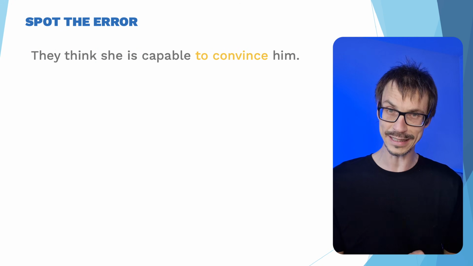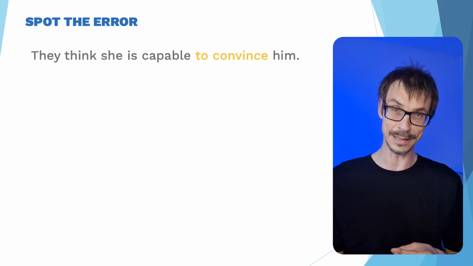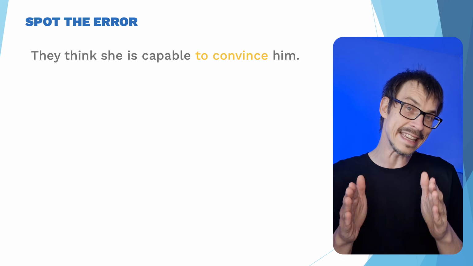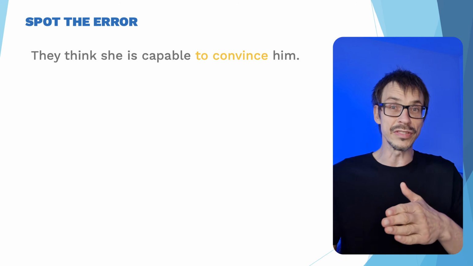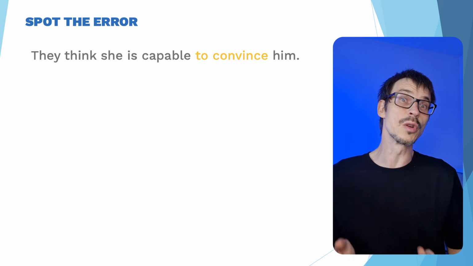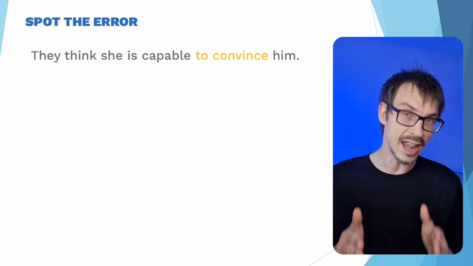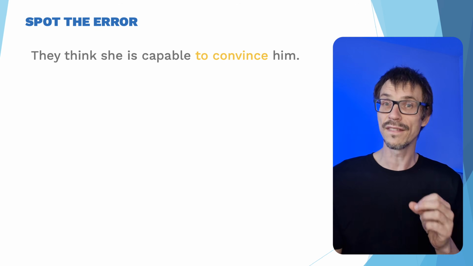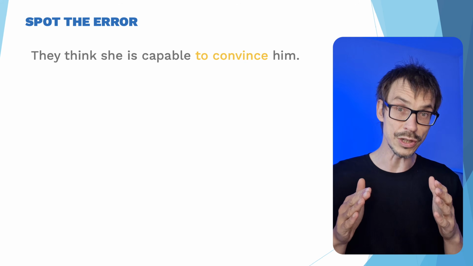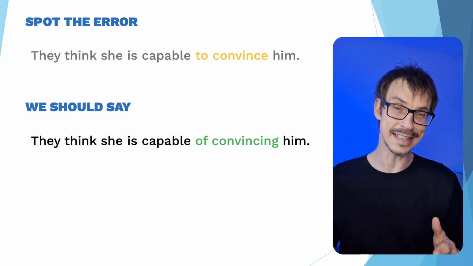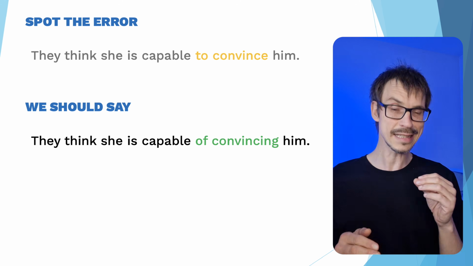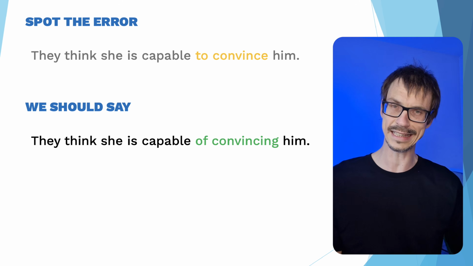It just doesn't work. So what do you do after capable? Well, you need to say capable of doing something. So we basically put a gerund after of following capable. So we should say the sentence as they think. She's capable of convincing him.